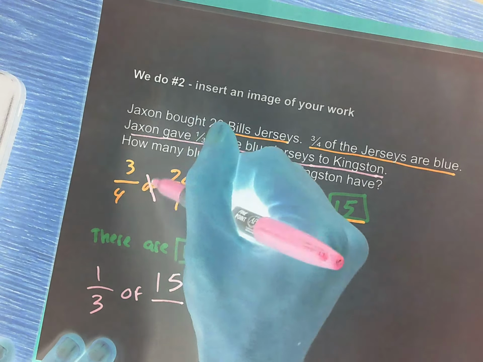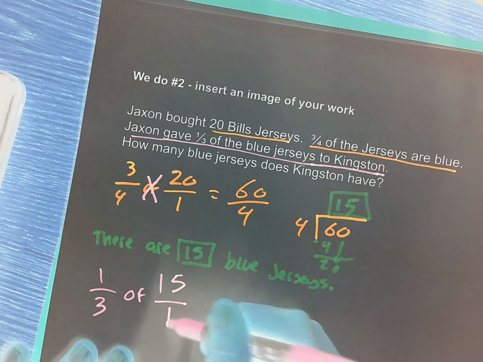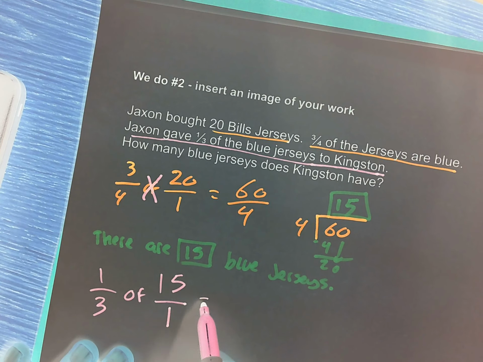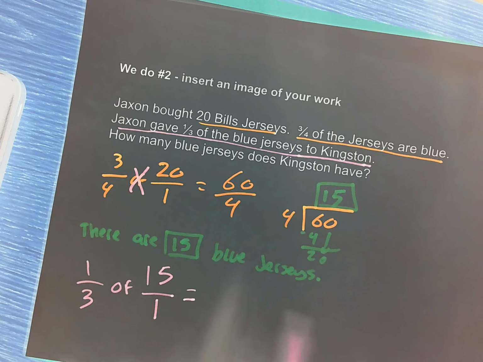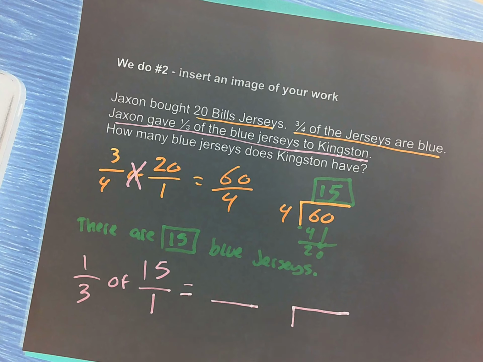Remember here we put that big multiplication symbol. Okay, now on your own, multiply across and then divide to find out what is 1/3 of 15. Let's take 2 minutes to multiply across and divide and finish solving this problem on our own.